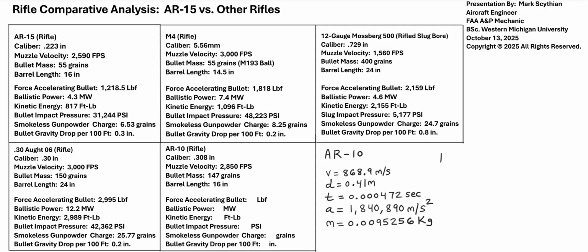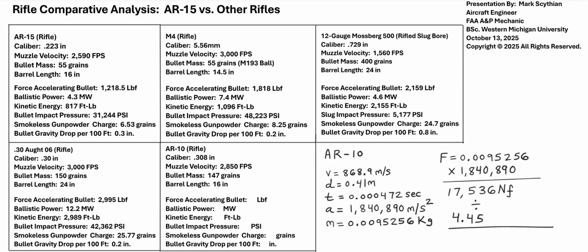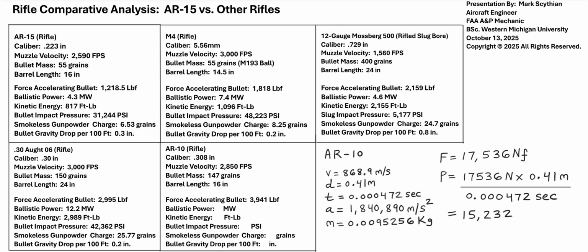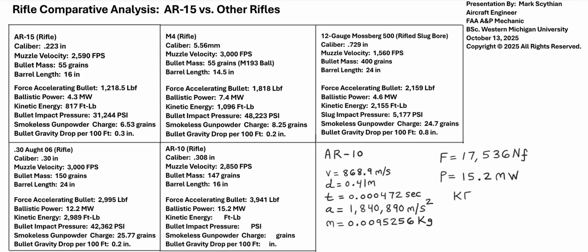So then we are able to calculate the force accelerating the AR-10 round, and that is 3,941 pounds of force, accelerating the AR-10 147 grain round, and then having a ballistic power of 15.2 megawatts.